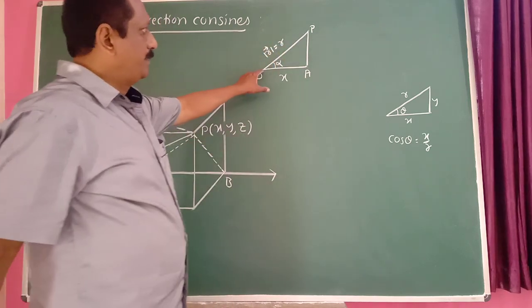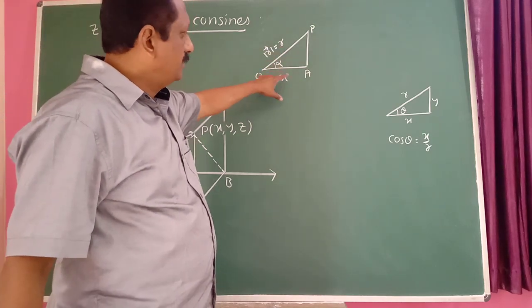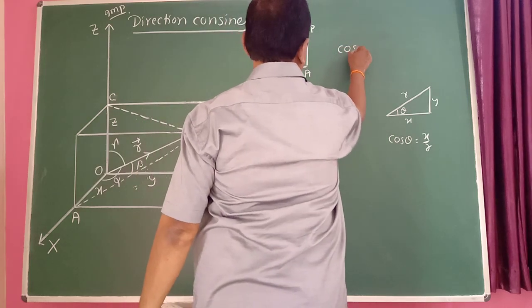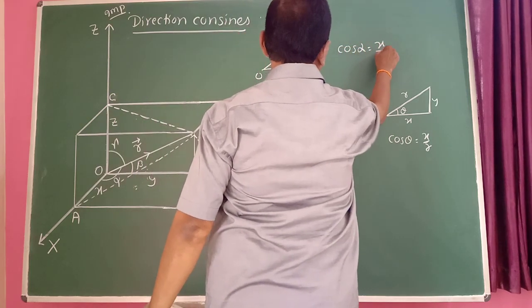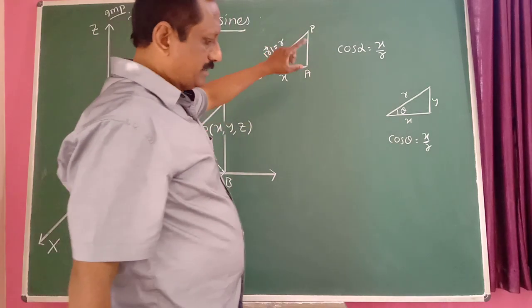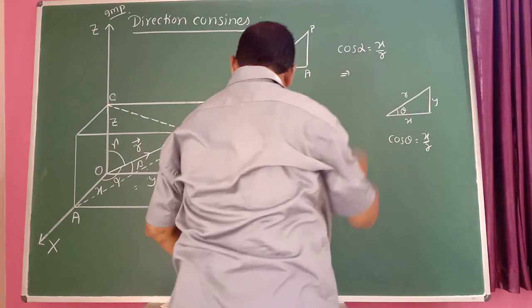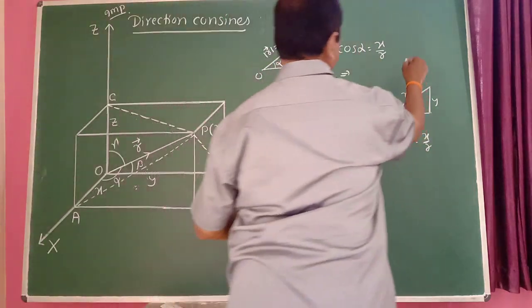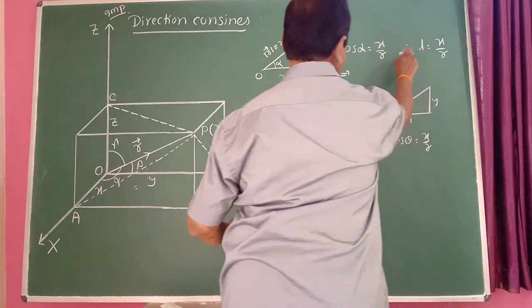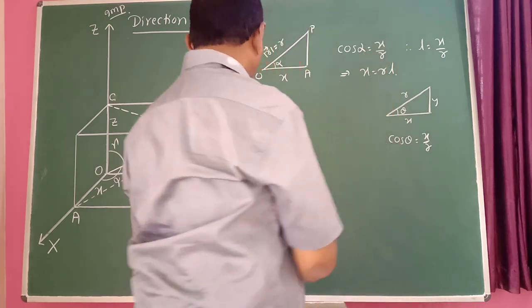Using the trigonometric formula, cos alpha is adjacent divided by hypotenuse, which is x divided by r. You know that cos alpha can be written as L. So L is equal to x divided by r. Take r this side. Hence x is equal to r into L.